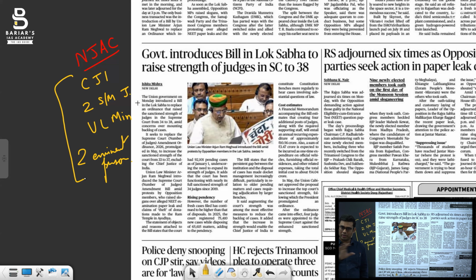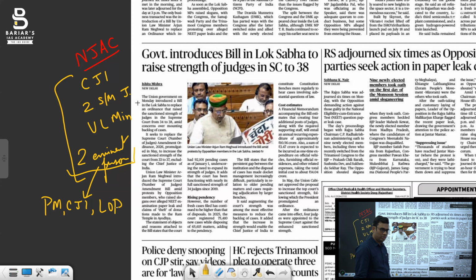For the selection of these 2 eminent personalities, there was a select committee. And that select committee who would nominate them comprised of PM, CJI, and leader of opposition. These 3 are going to take care of these 2 eminent persons nominated.